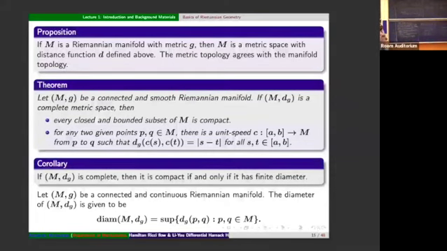But at the same time, you can still make it a metric space. You can prove completeness in terms of a metric space, and you can see the equivalence. If it's a complete metric space, then every closed and bounded subset there is compact, and then you can define geodesics, and you see that once it's complete as a metric space, it's also complete as a geodesic space. So I'm just giving us this background so that we are familiar. Whatever background we have, we know that it's a Riemannian manifold.